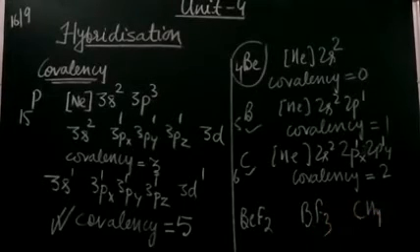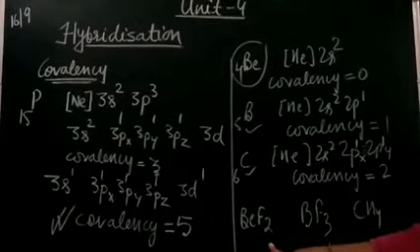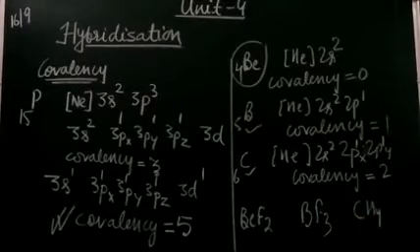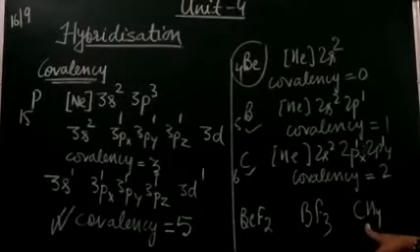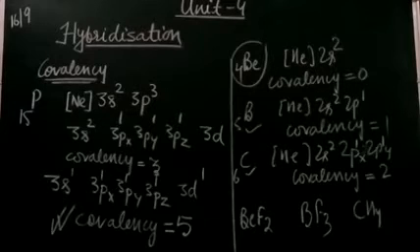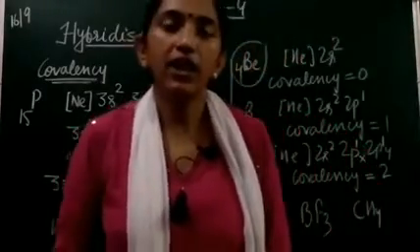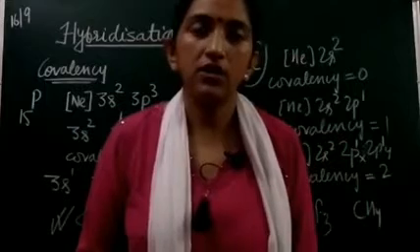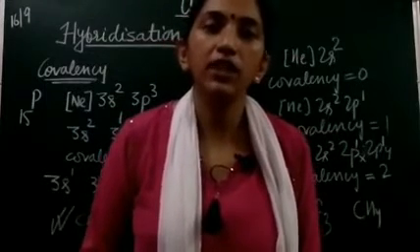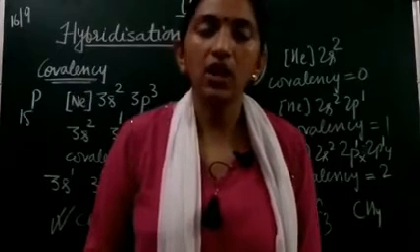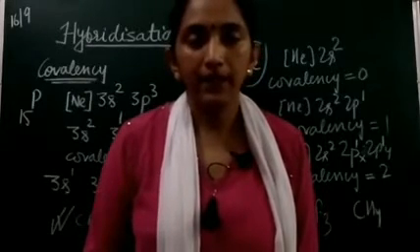So they have extended their valency to 2, to 3, and to 4. So they have got the maximum covalency. Carbon has a maximum covalency of 4, right, student? So that means the availability of half-filled atomic orbitals determines the covalency of an element, right?